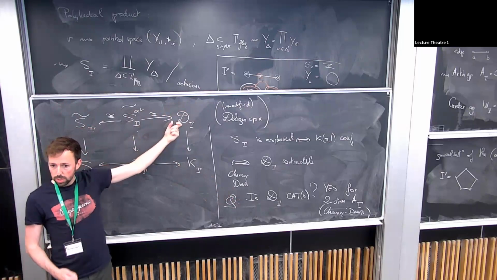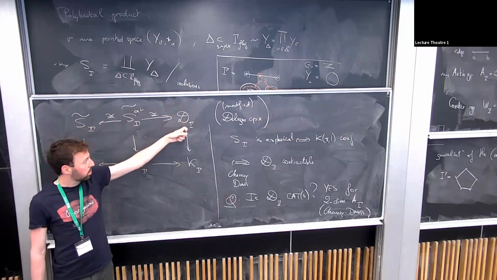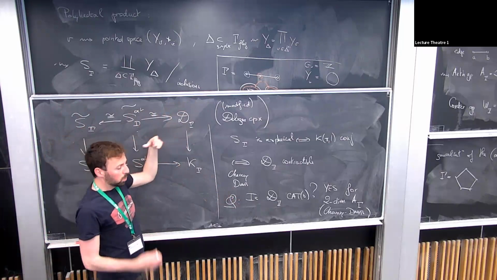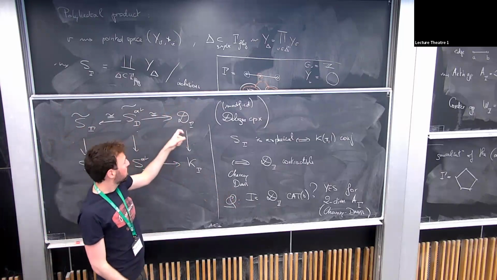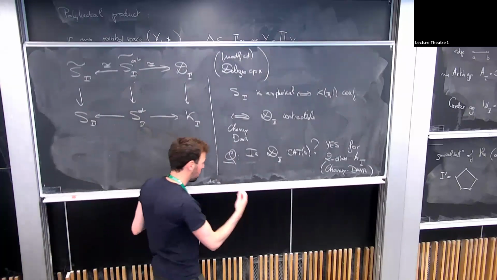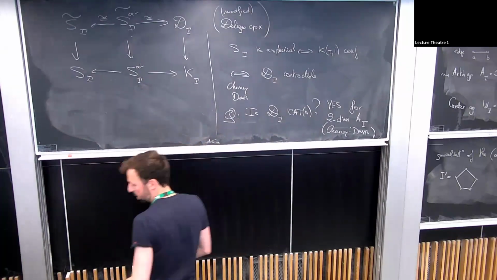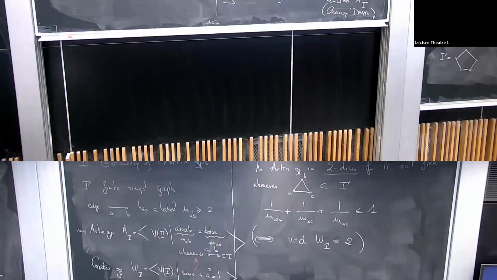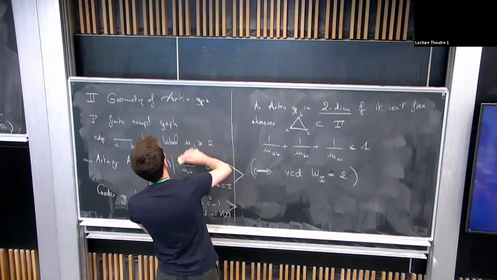So you can use the action on this CAT(0) space, which is a nice co-compact, not proper action where we understand the stabilizers really well, to say something about these groups. In the last few minutes, I'm going to mention how you can use that to, for instance, prove the Tits alternative for these groups.